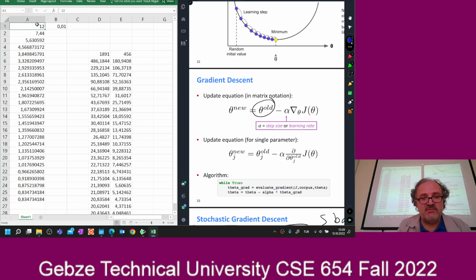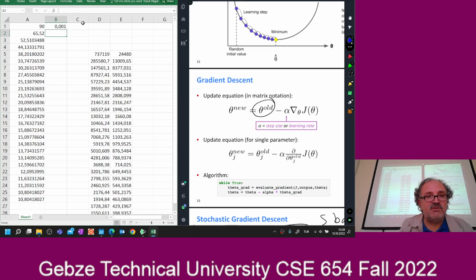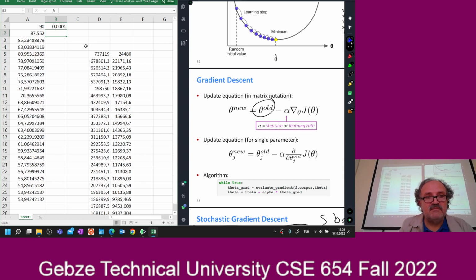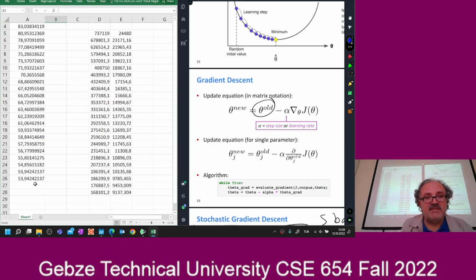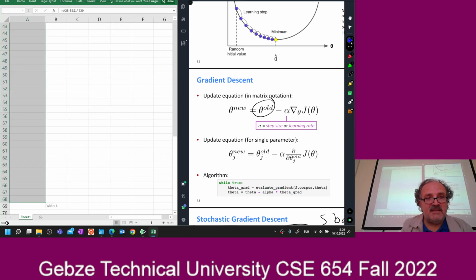If I start this from, let's say, 90, again, maybe I should make this even smaller now, right? Yeah, it is getting smaller. It's going towards 0, much more stable.